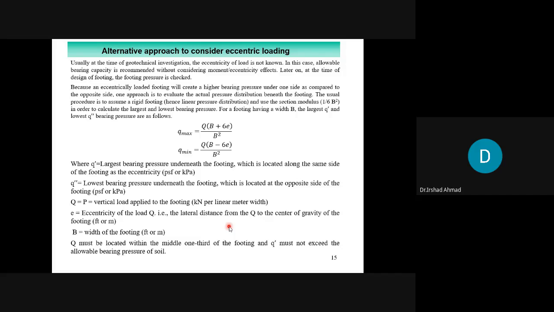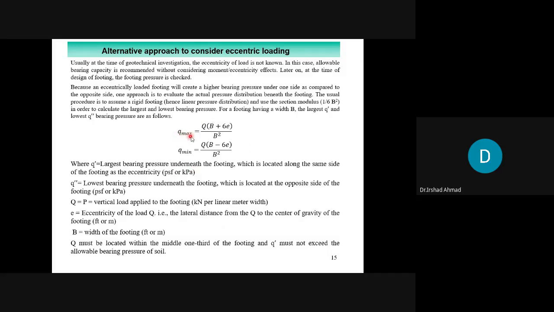Remember that the bending moment or eccentricity would cause maximum stress on one side of the footing and minimum stress on the other side of the footing. So this is the equation for a strip footing.